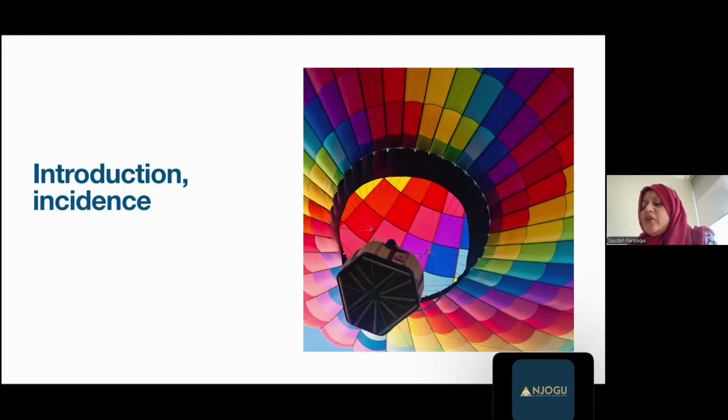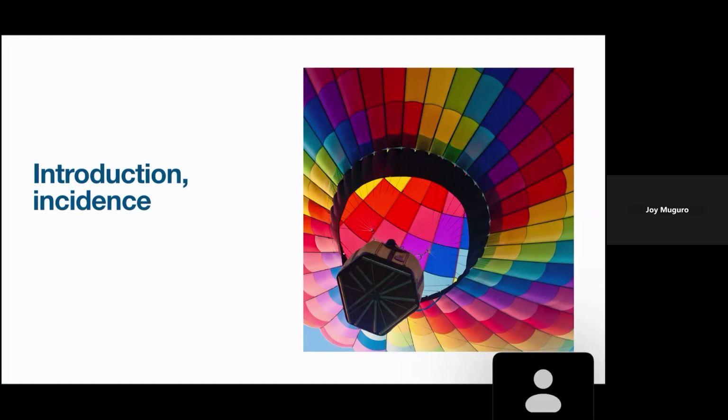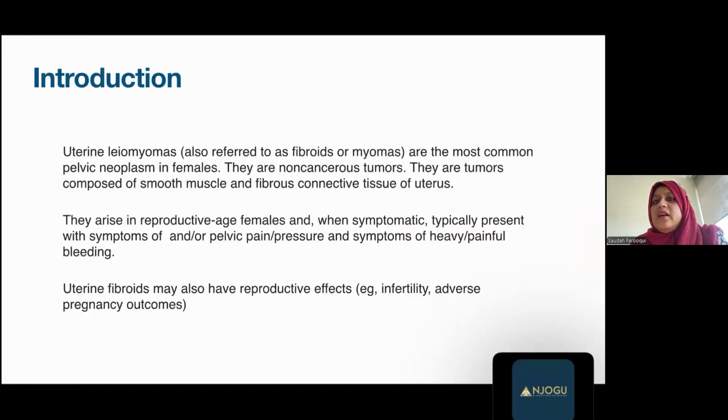We're going to talk a little bit about the introduction and the incidence so that we can understand how common this issue is. So uterine leiomyomas, which are also known as fibroids or myomas, are the most common pelvic neoplasm in females. A neoplasm means it's a tumor, but these are non-cancerous tumors. I want to emphasize this is not cancerous.